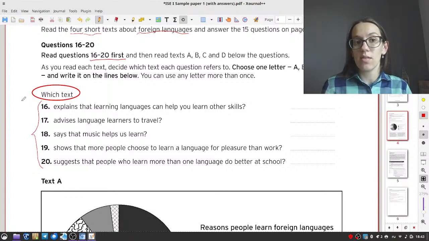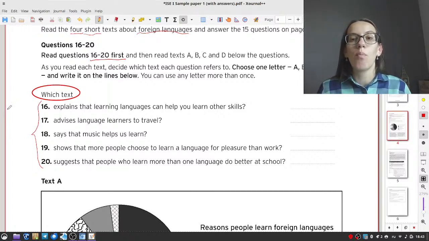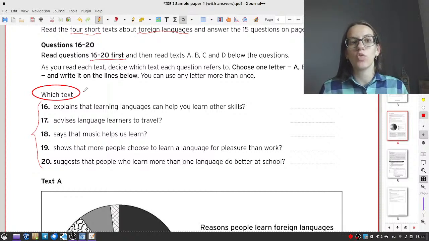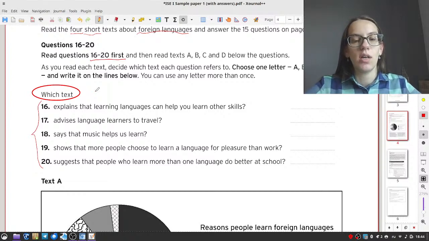It's often like this in many tasks, but there are other types of tasks where, for example, you need to choose two texts, or sometimes even more. Sometimes it says that more than one answer can be possible, 2, 3, several. In this task, we can see that it says which text for each question. There's no S, it's just one single text for each question.